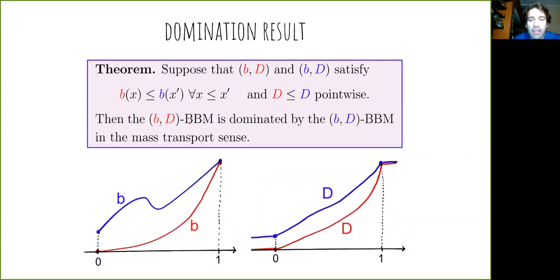This means that they can be coupled in such a way that for every time the blue particles dominate the red ones in the mass transport sense. And of course, the domination of the corresponding velocities is inherited from this domination.